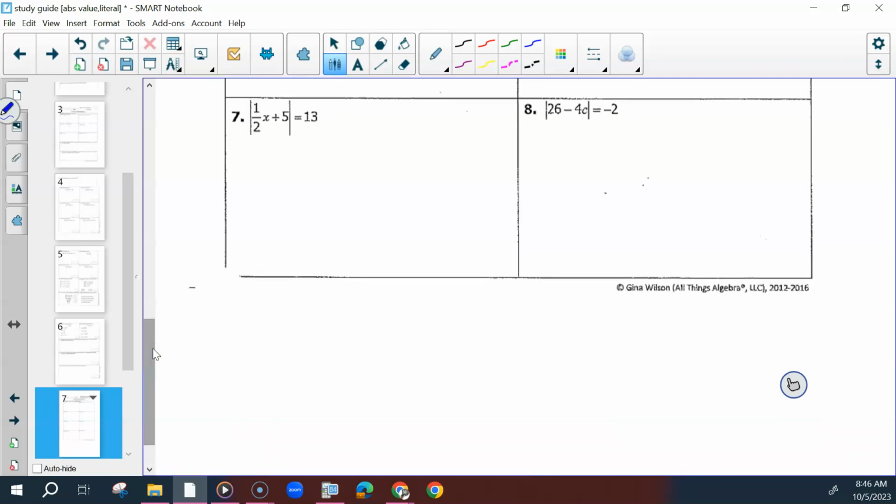For number 7, this is already isolated, so we don't have to do that part. We can now just drop the absolute value, set this equal to a positive and negative version of 13, subtract 5 to everything.